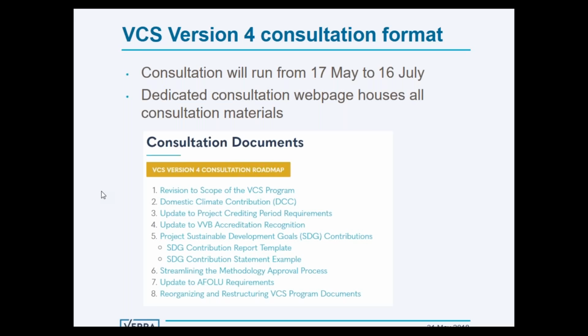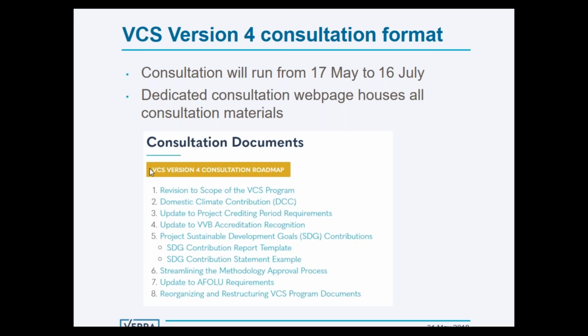Those 8 consultation documents are listed here on your screen and are accessible from that web page that I showed just a moment ago. And we'll talk about each one of these during this presentation at a high level. The last thing that I'll mention is there's a link at the top of that web page for the VCS version 4 consultation roadmap. This consultation roadmap is essentially a catalog of all the proposals that we're putting forward.